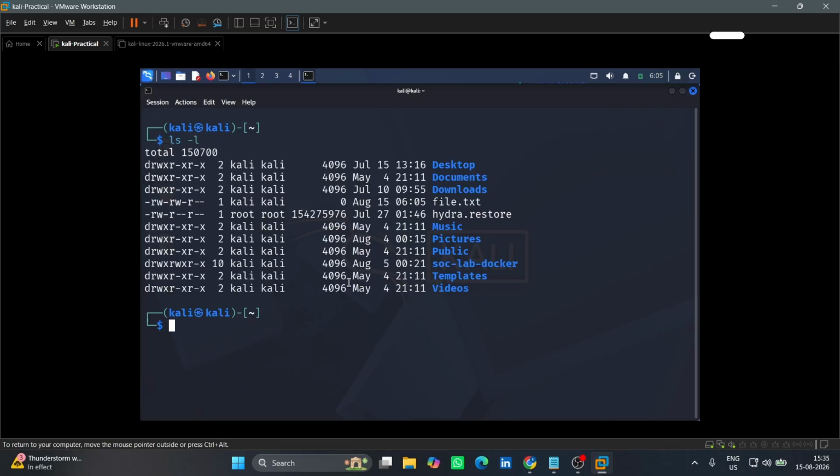Now you can take a look at this file: rw-, then rw-, and then r--. It means that the user or the owner of this file has the permission to write and read, not execute, right? Then the group, the users who belong to the owner's group, can also read and write, not able to execute.